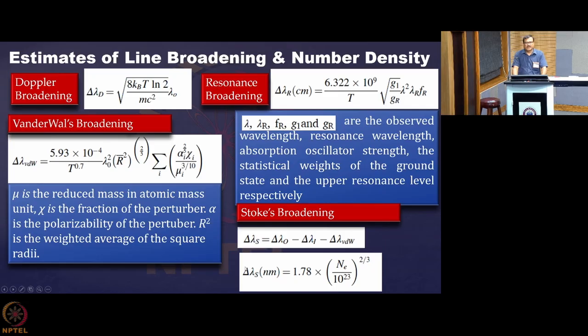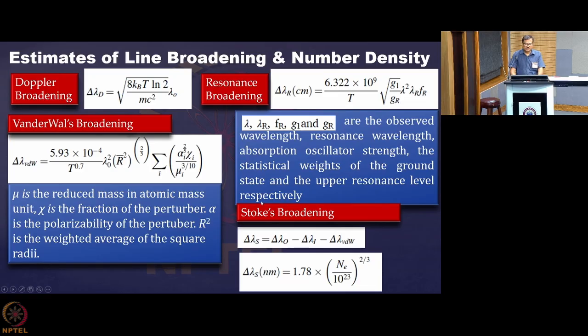Once you are able to determine the absolute value of the Stark broadening, this subtraction should include the Doppler broadening, the resonance broadening, and the instrumental broadening, all these things. What you get finally is the Stark broadening component.